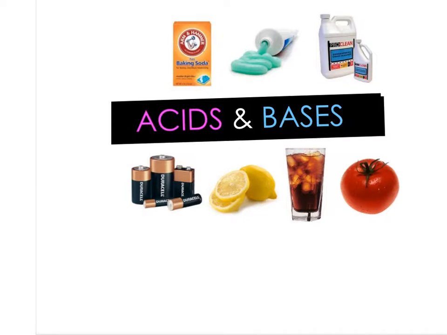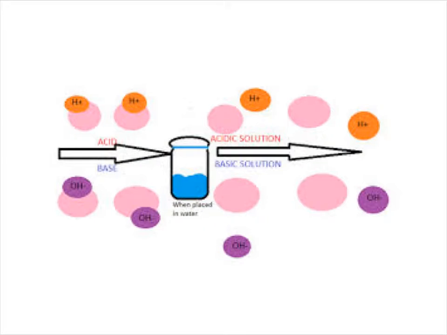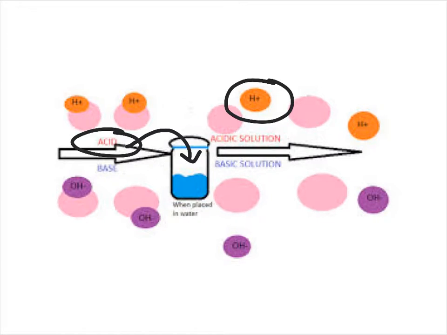At the end of this lesson, you should be able to describe the differences between acids and bases. An acid is a substance that when placed in water is going to release hydrogen ions into the water.